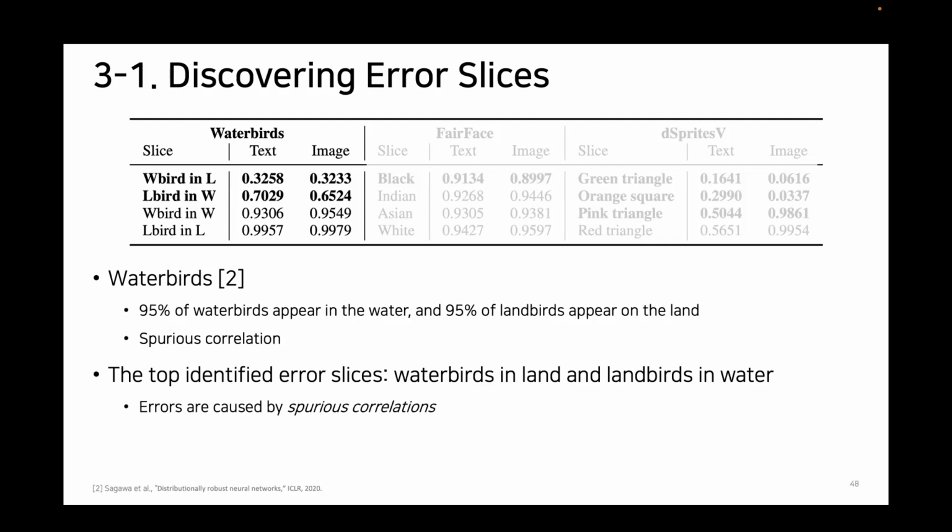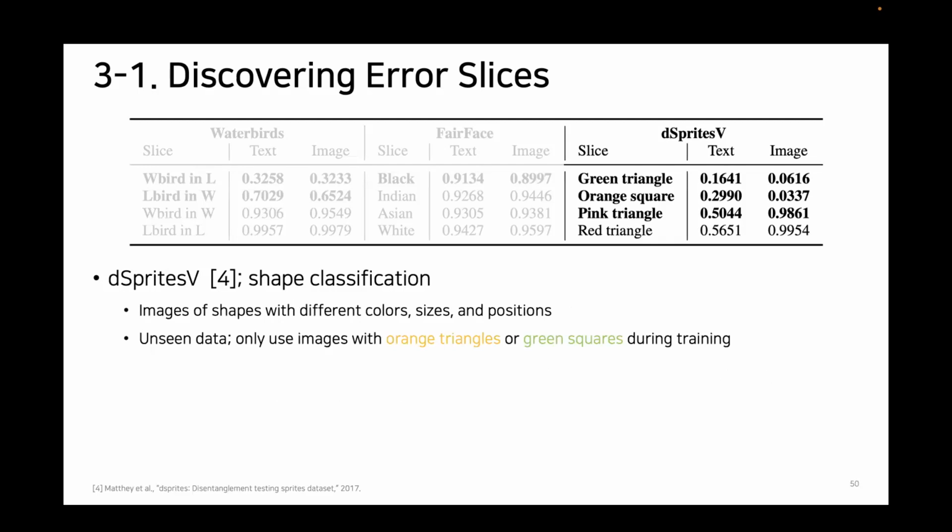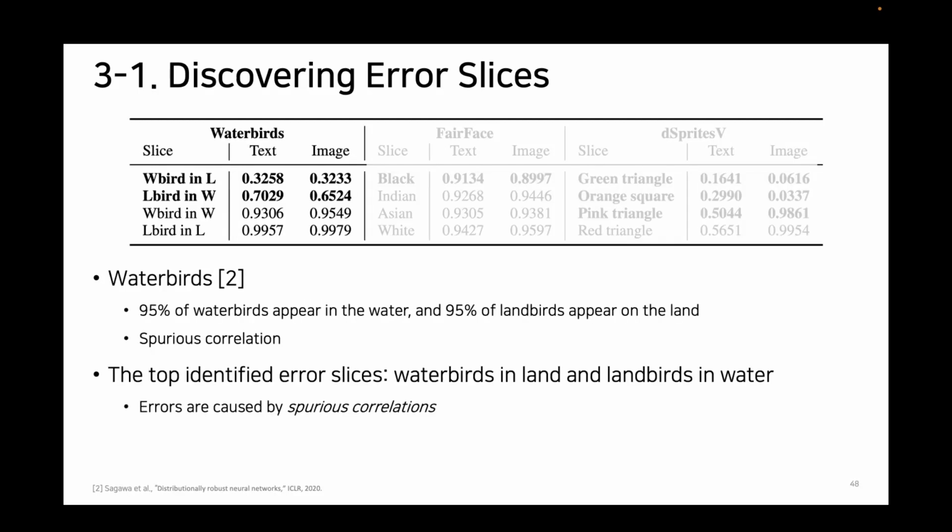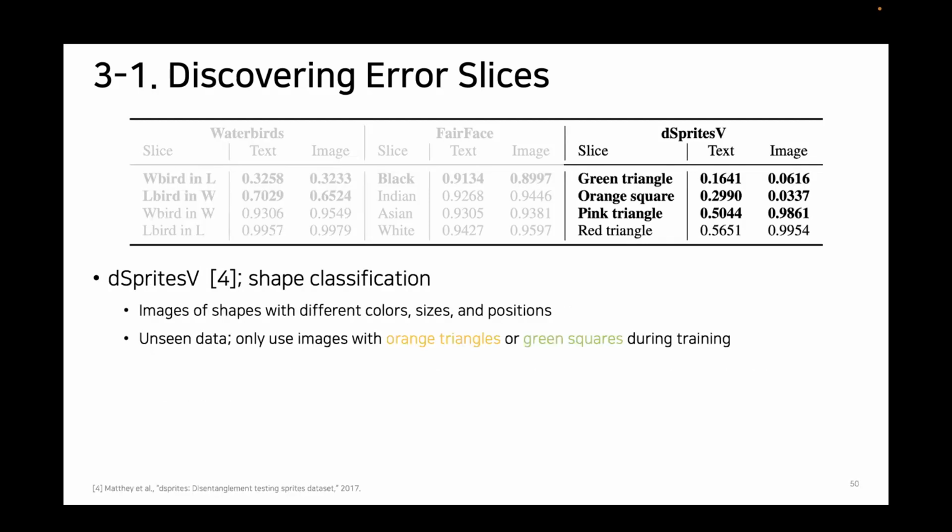And actually, the results on the FAIR face dataset are similar to the Waterbirds, so I'll pass on it. And for the DSprites dataset, which is widely used for shape classification, this dataset has images of shapes with different colors, sizes, and positions.